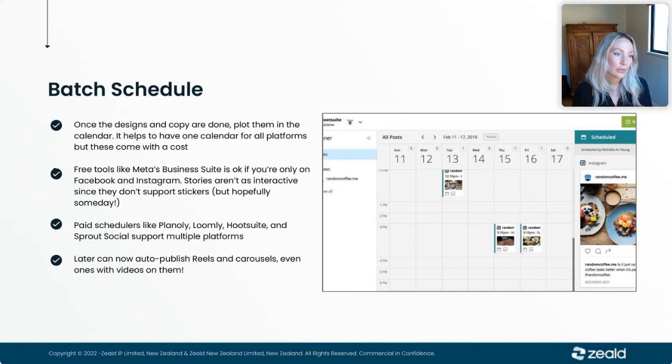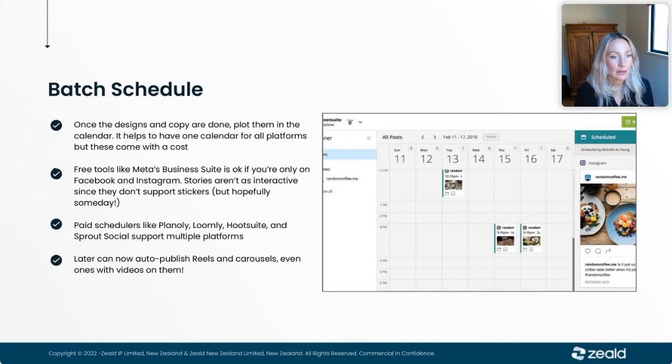Otherwise, some really good platforms are Later, Planoly, Loomly. There's really endless platforms, but I would probably recommend Later and Planoly. They're, I would say, my two favorites. And a planning software really just lets you take away some of the work for you and have it uploaded automatically.